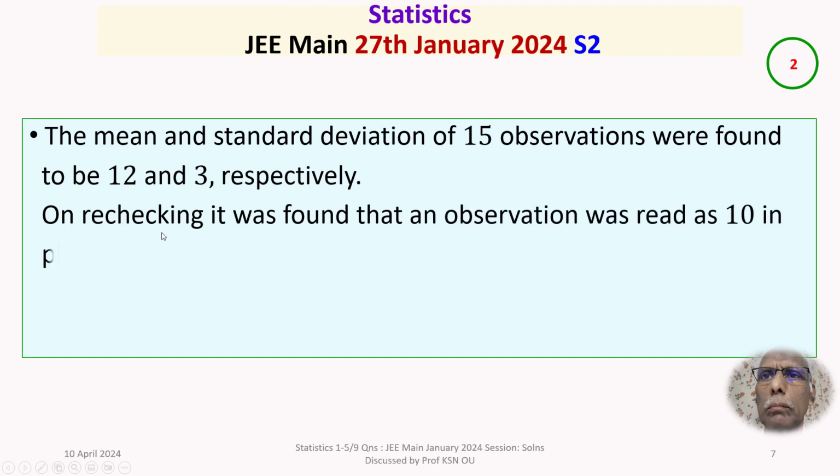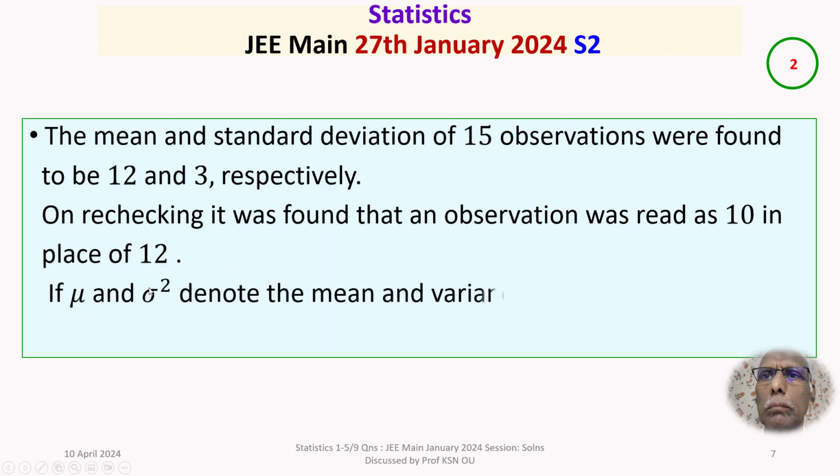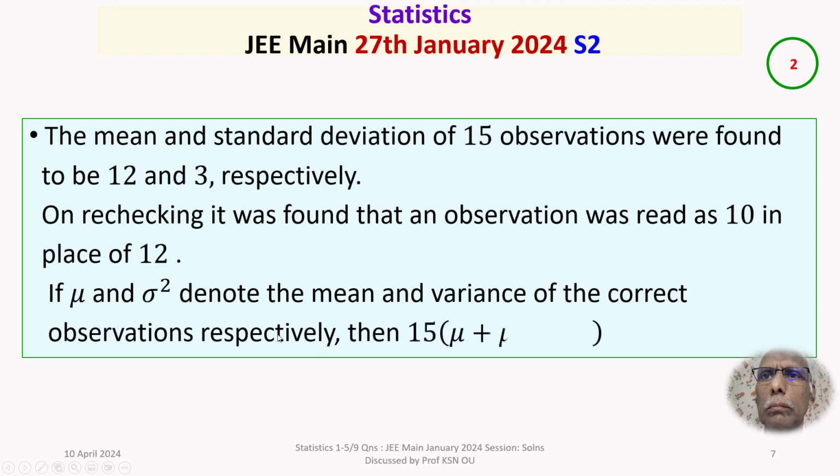On rechecking, it was found that an observation was read as 10 in place of 12. So if mu and sigma square denote the mean and variance of the correct observations respectively, then 15 times, in brackets, mu plus mu square plus sigma square is equal to.